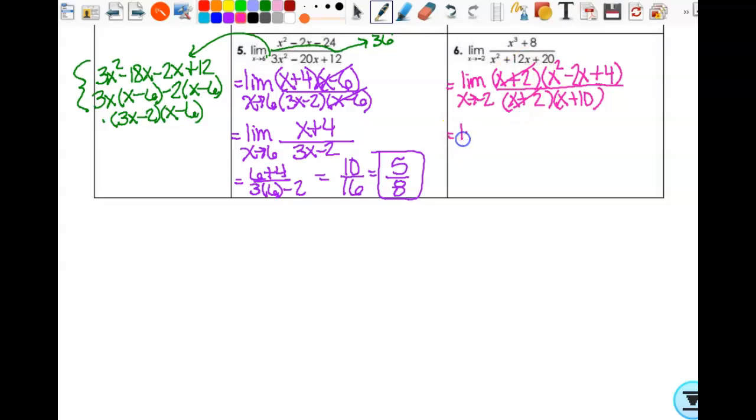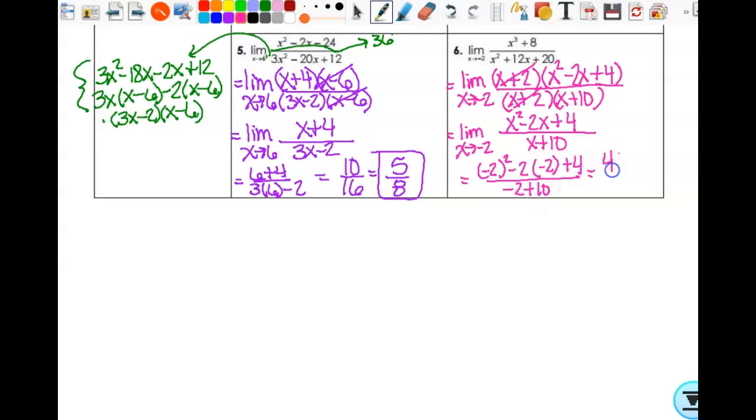And this gives me the limit as x approaches negative 2 of x squared minus 2x plus 4 over x plus 10. Then I can evaluate. So this is going to give me negative 2 squared minus 2 times negative 2 plus 4 over negative 2 plus 10.